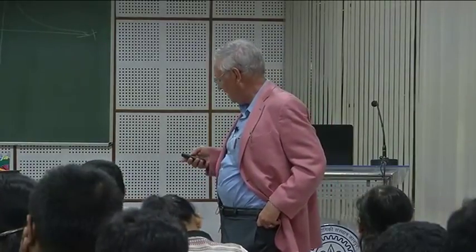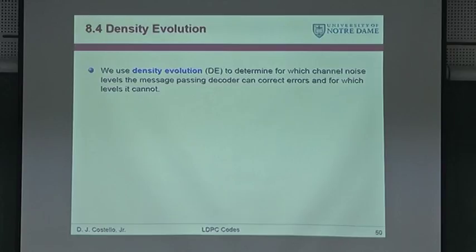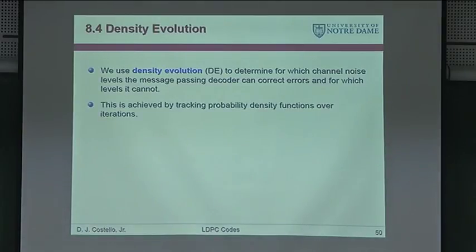Now, one way to get a handle on how the performance of an iterative decoding algorithm works in decoding one of these low density codes is to use something called density evolution. It basically tracks probability density functions as you go through the iterations of an iterative decoding algorithm. So this is a technique for analyzing iterative decoding algorithms, and that's the way we're decoding these codes.